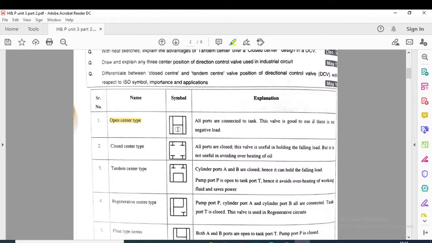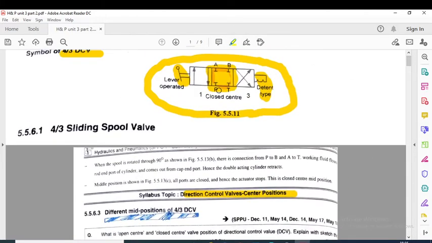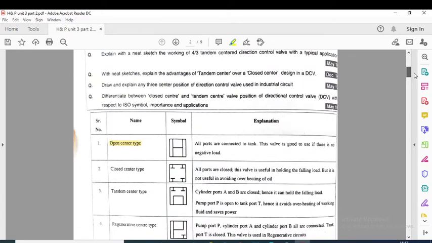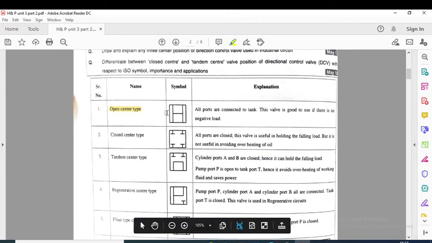Here all the ports have the names as I show you here. This port P, then port T, this port A, and this port B. All these ports are assumed here, and we are naming them accordingly.